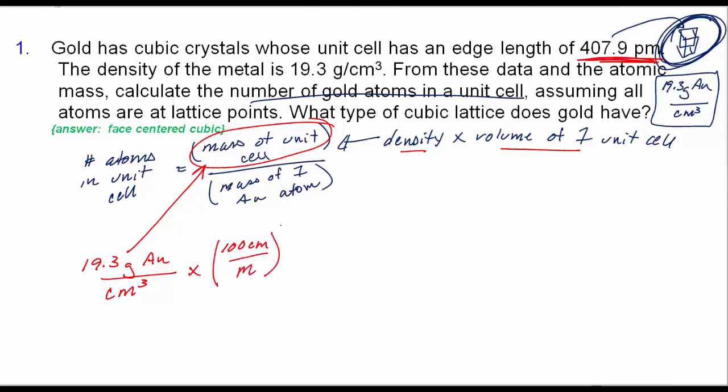We're going to have to cube it because it's cubed. So I'm in meters now because the centimeters canceled. Let's rewrite this. 407.9 picometers is the same as 407.9 times 10 to the what meters? Pico means 10 to the negative 12. Not sure, just Google it.